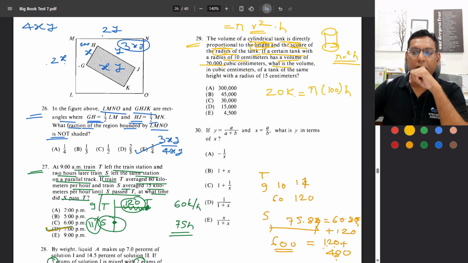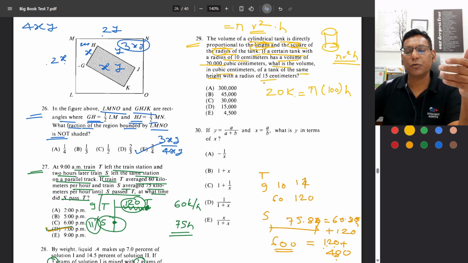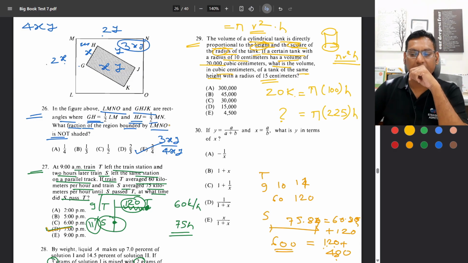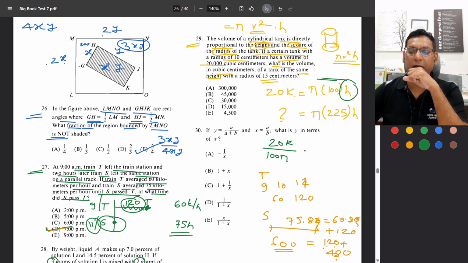Then what is the volume in cubic centimeters of a tank of the same height with a radius of 15? A radius of 15 means r square will be 225. Very simple. Let me find h first. h is going to be 20k divided by 100 pi. I put that value into pi into 225.